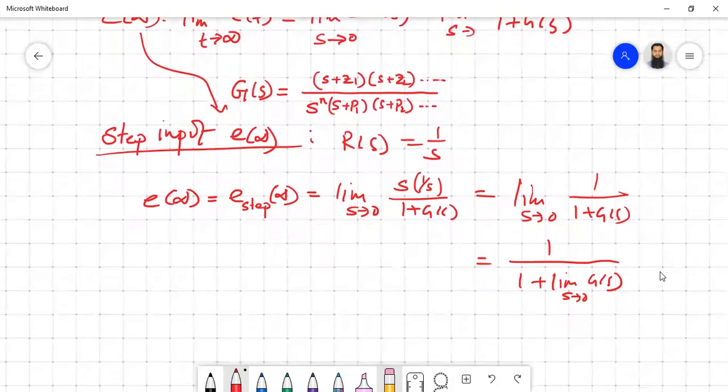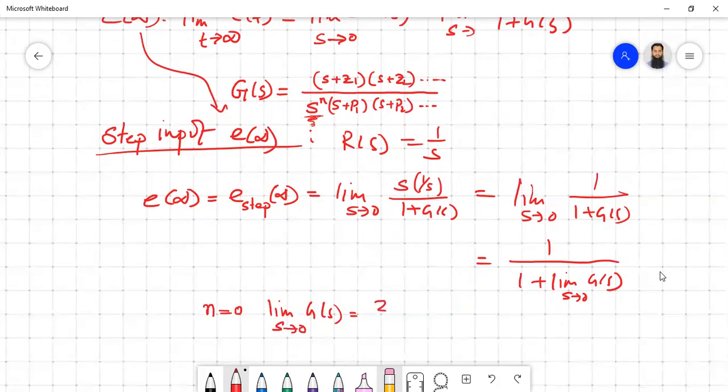Okay. Now we already defined what is the general version of G(s). So say G(s) has no pole at the origin, so n equal to 0, then what will happen? How will limit s tends to 0 of G(s) behave? Since the s term is not available, all the s's will be replaced by 0.